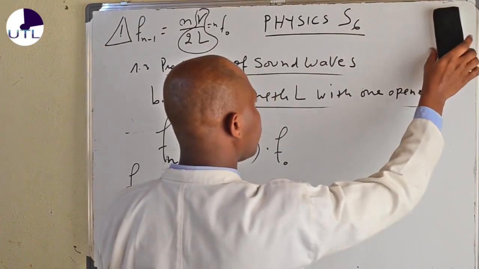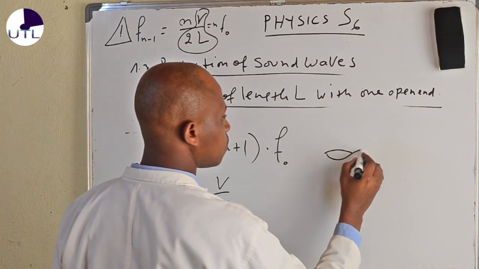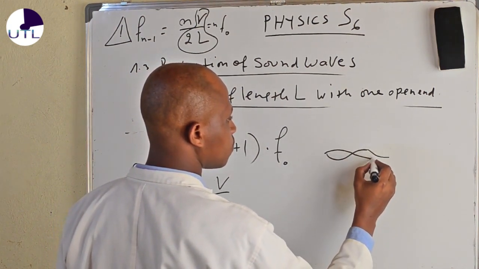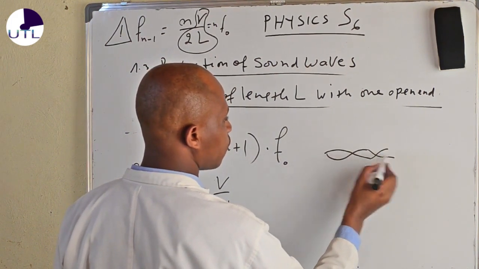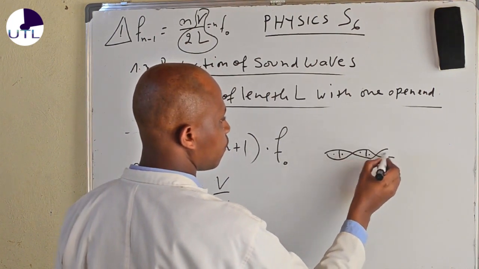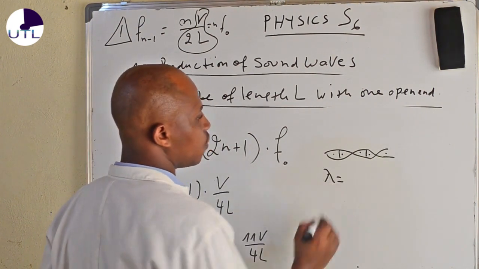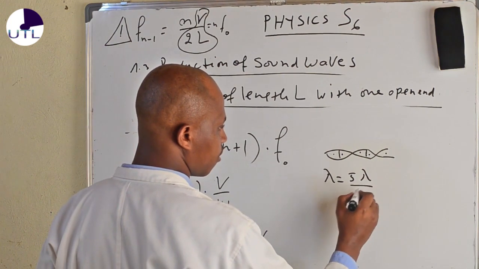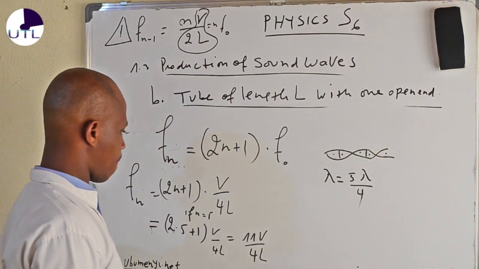I have 5, 1, 2, 3, 1, 2, 3, 4, 5. Because I have 1, 2, 3, 4, 5. Okay? So the length here will be equal to 5 wavelength divided by 4.